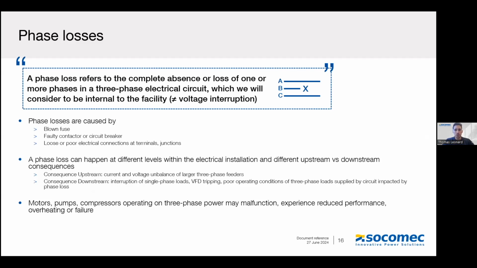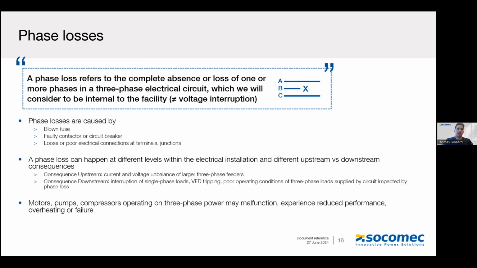And there are different consequences, whether we're looking at the upstream or the downstream installation. Typically, an upstream consequence will be that if you have a phase loss downstream, your current and your voltage will be unbalanced at the large three-phase feeder level. And the downstream consequence, for example, could be that if you're losing a phase upstream, all your single phase loads that are connected to this phase will be interrupted.